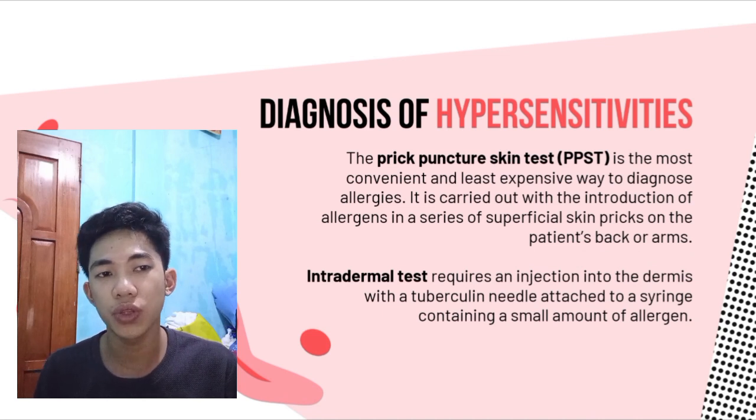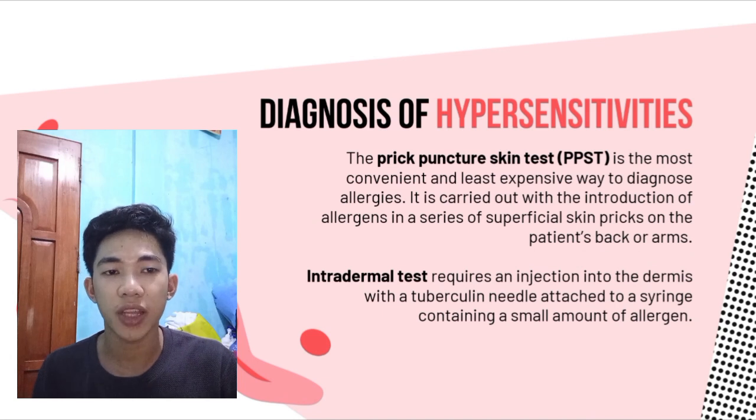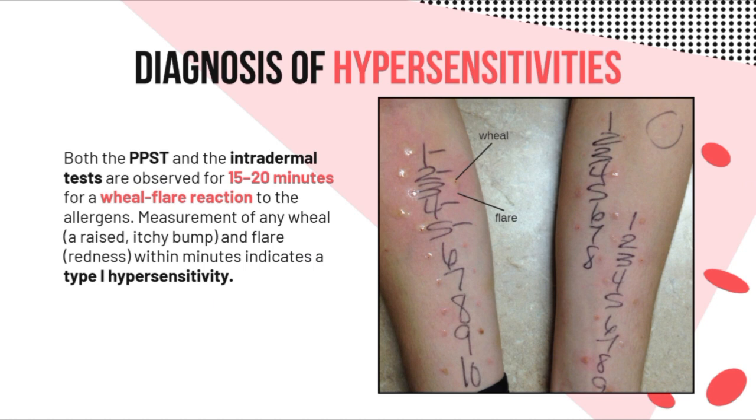So compared to the PPST, which only involves superficial skin or shallow skin pricks, the intradermal test goes deep into the skin. Both the PPST and intradermal test are observed for 15 to 20 minutes for a wheal flare reaction to the allergens.